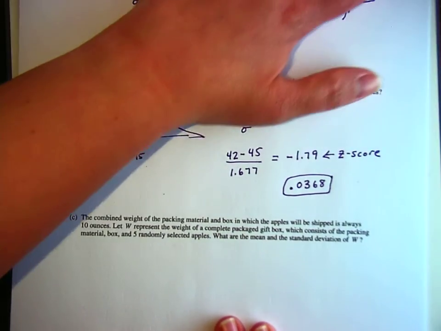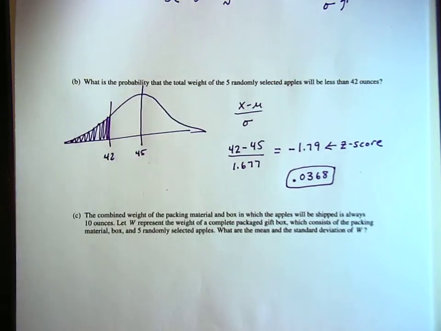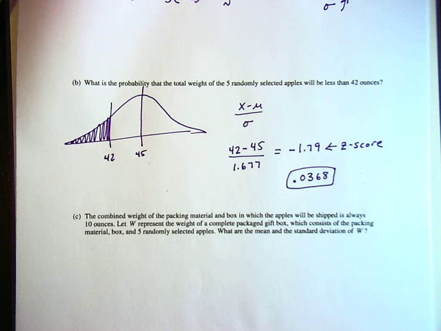Okie doke. So now, an interesting question says: the combined weight of the packing material and the box in which the apples will be shipped is always 10 ounces. Let W represent the weight of a completed packaged gift box, which consists of the packing material, box, and 5 randomly selected apples. What's the mean and the standard deviation of W?